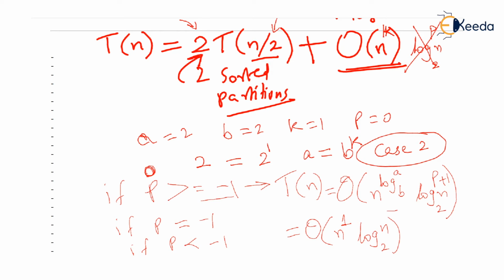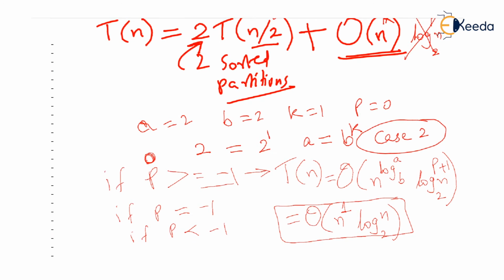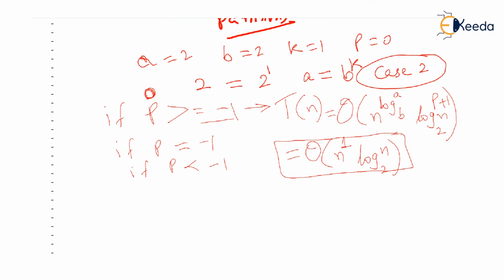Just observe, the time complexity of merge sort is n log n. And you recall the analysis of quicksort was also n log n, isn't it? Both work in the same order. But then there was a twist in the tail over there. You recall that quicksort had a worst case.